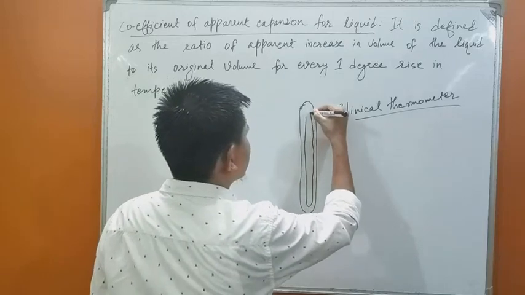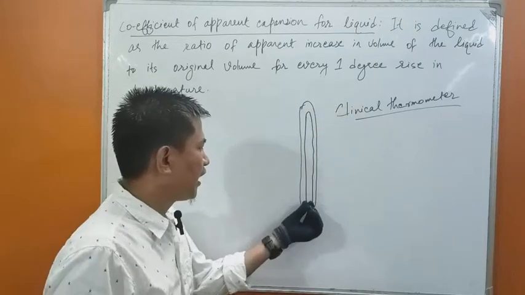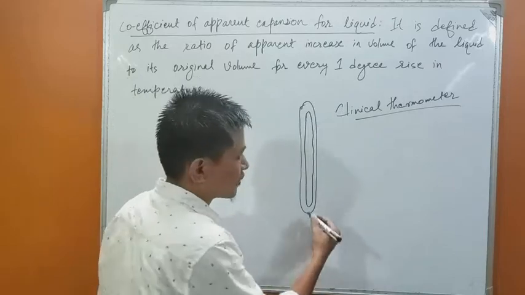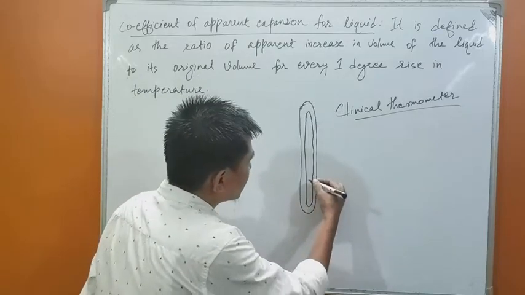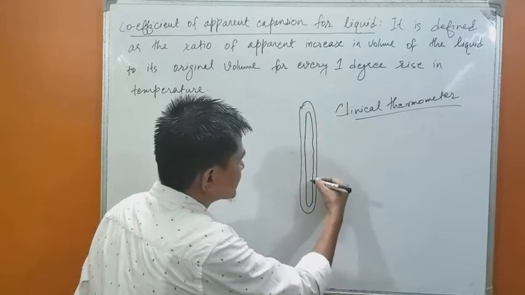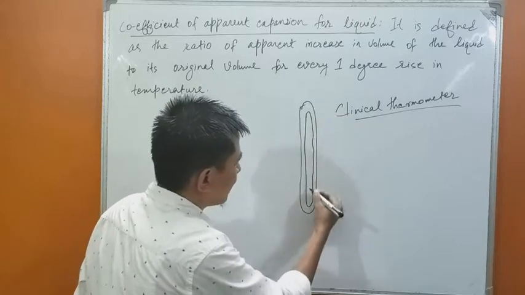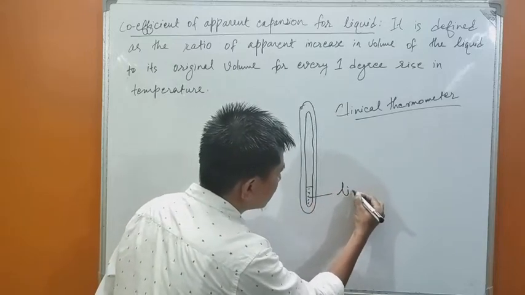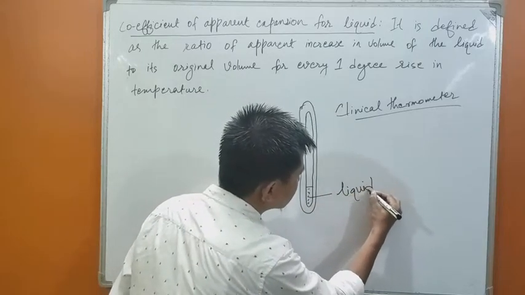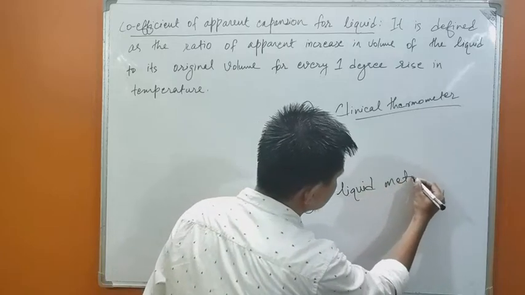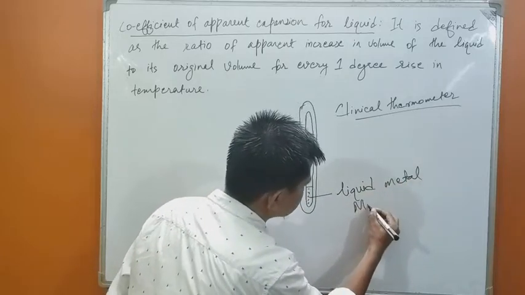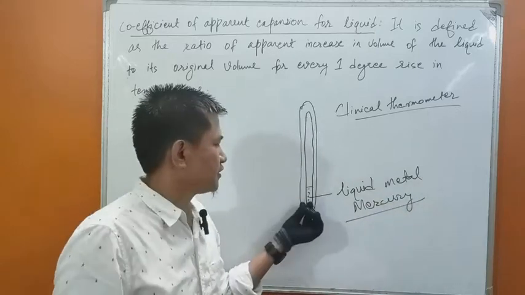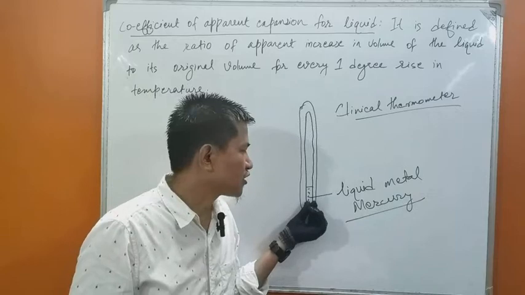It is made out of either glass or transparent plastic, and there is a hollow space inside it. Inside the clinical thermometer there is a liquid metal called mercury.